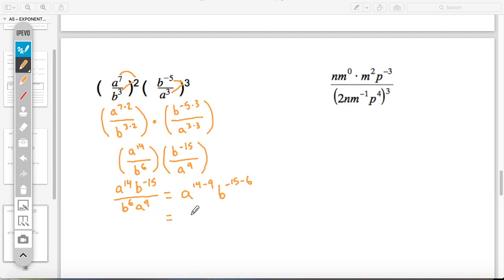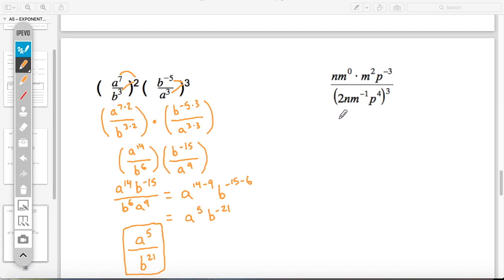This equals a to the fifth, b to the negative 21st. Okay, so I'll write my positive exponents up here, make my line, and this b to the negative 21st power, it's going to cross the line and switch the sign. So this becomes b to the 21st. Okay, final answer.